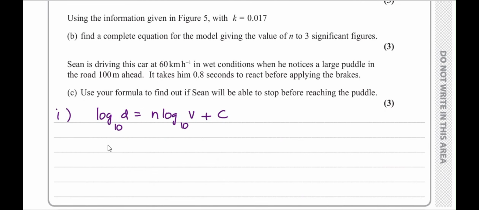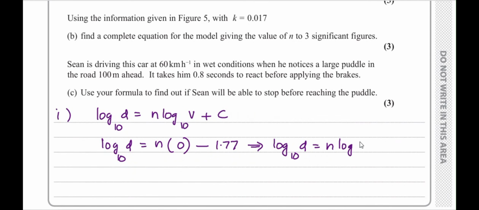Right, and therefore we can write that log d to the base 10 equals n (0) minus 1.77, because from the graph we can see when the x value is 0, log d to the base 10 has a value of minus 1.77. Therefore, the equation now becomes log d to the base 10 equals n log v to the base 10 minus 1.77.